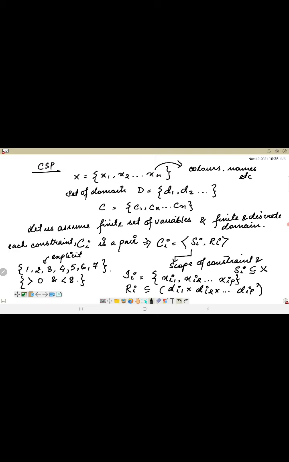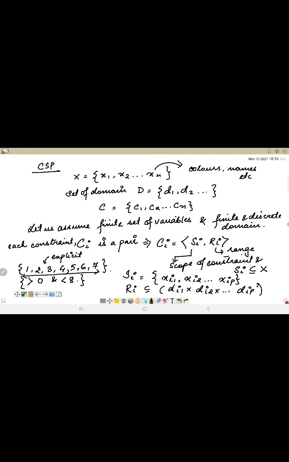So this is the domain of the constraint. That means I have to assign values to the variables which exist in this particular range. So this is the scope and this is the range that we are talking about.